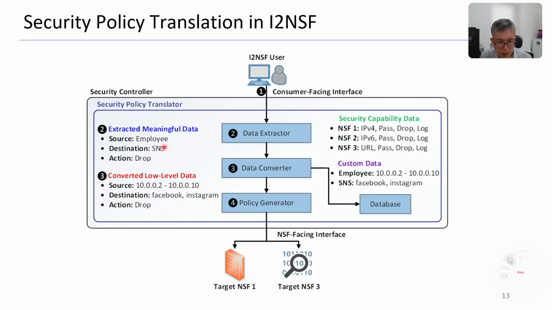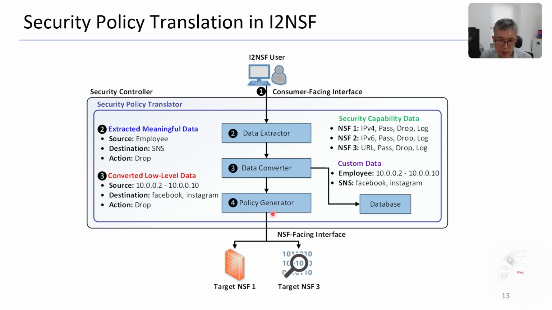And destination SNS translates into specific Facebook and Instagram URLs. Drop is the same. For this kind of conversion, security capability and custom data are stored in a database. Using this capability data, we can select an appropriate NSF for this network service, and custom data is used to translate the high-level source and destination information.